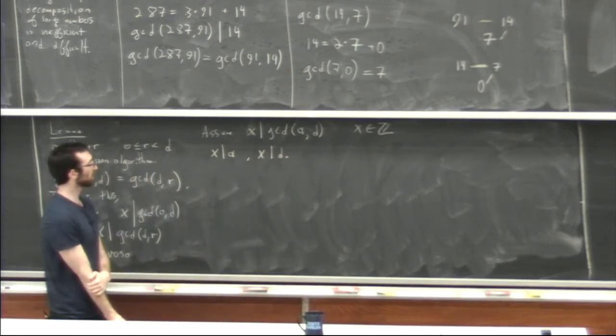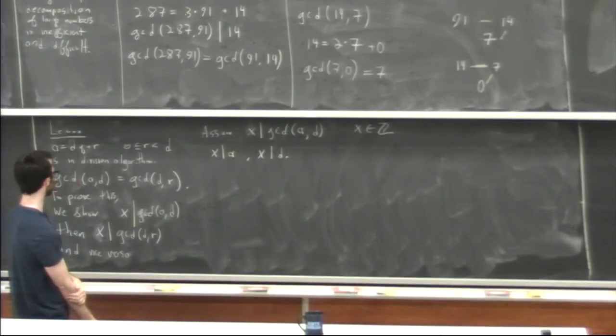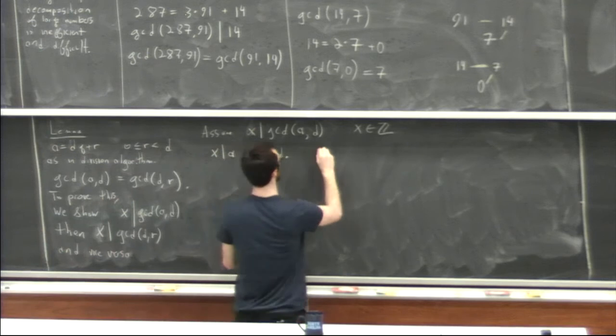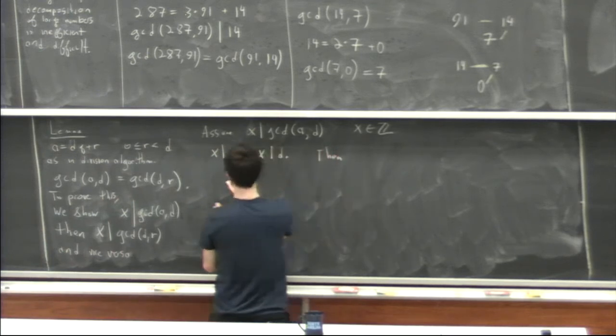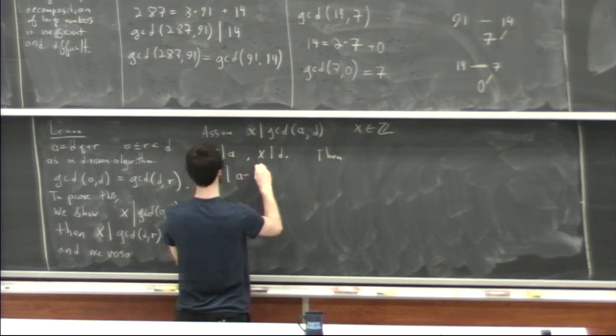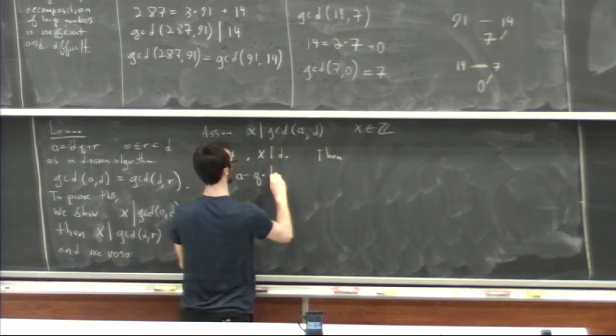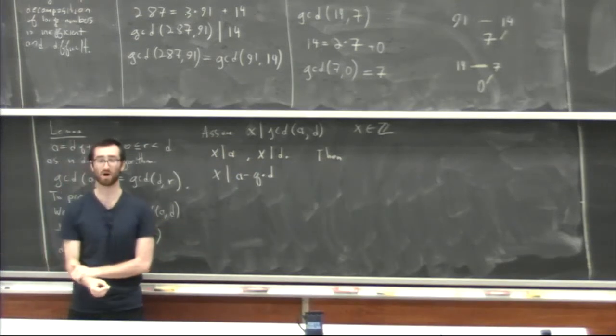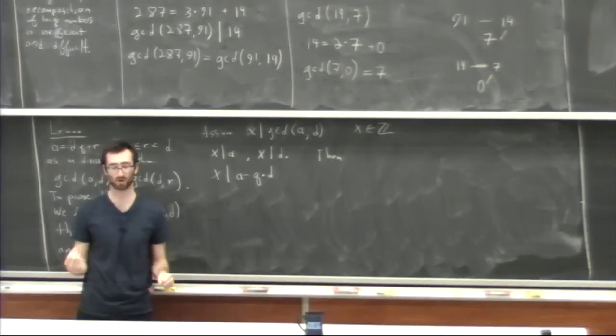What I now want to show is that if X divides A and X divides D, then X divides A minus Q times D. This is our first theorem on divisibility, which we're using over and over again.